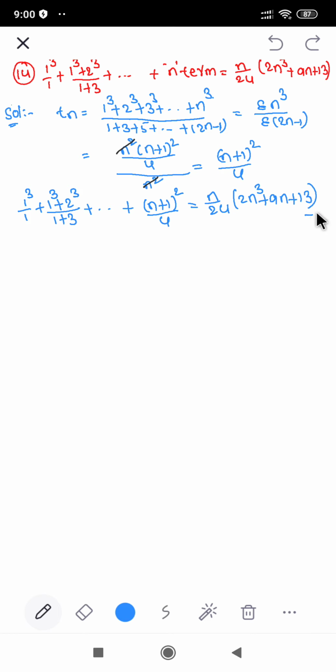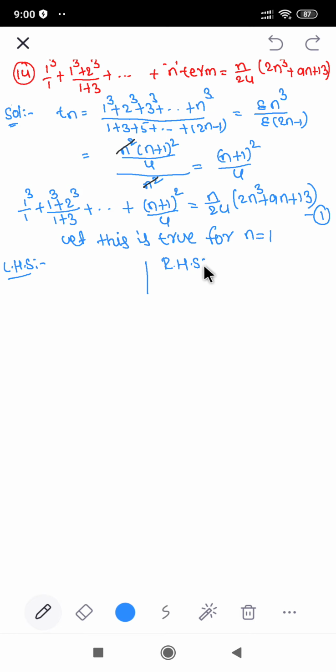We are making this as equation 1. Let us check that this is true for n is equal to 1. So here we are splitting LHS and RHS.